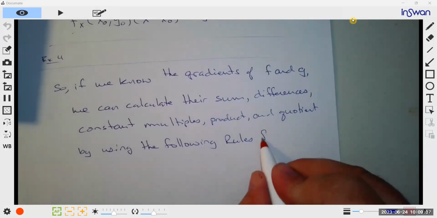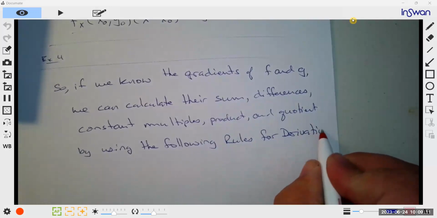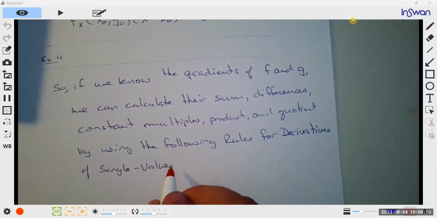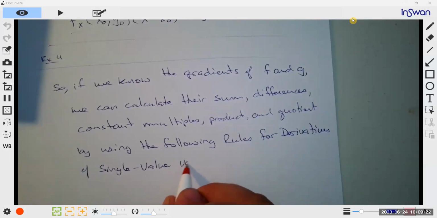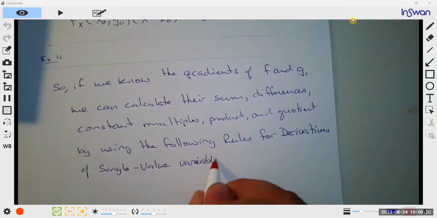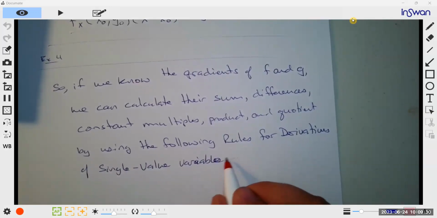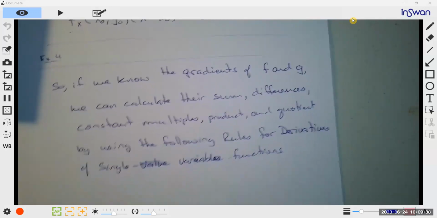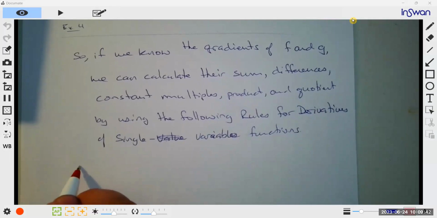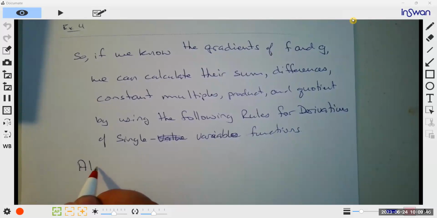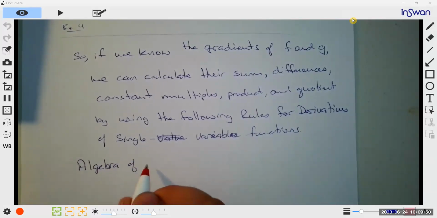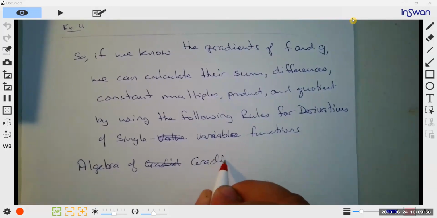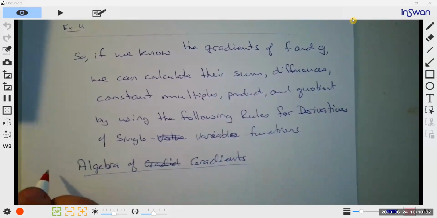Following are the rules for derivatives of multivariable functions instead of single variable functions. Here are the rules.